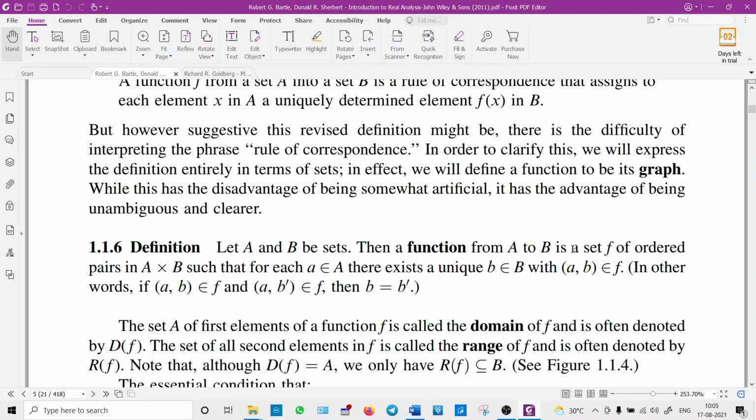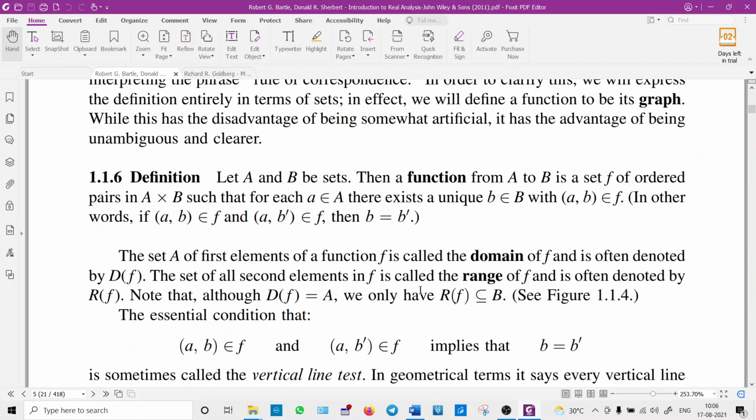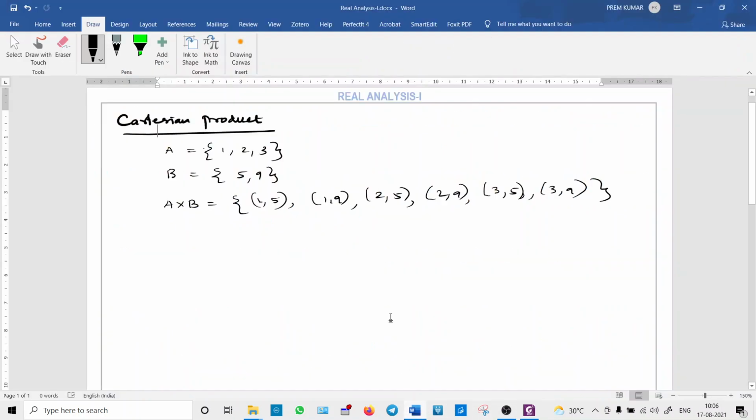A function from A to B is a set f of ordered pairs in A cross B such that for each a in A there exists only a unique b in B. In other words, if (a, b) is an element of f, and (a, b') is also an element of f, then this b and b' must be equal. So I just gave a small explanation for function.